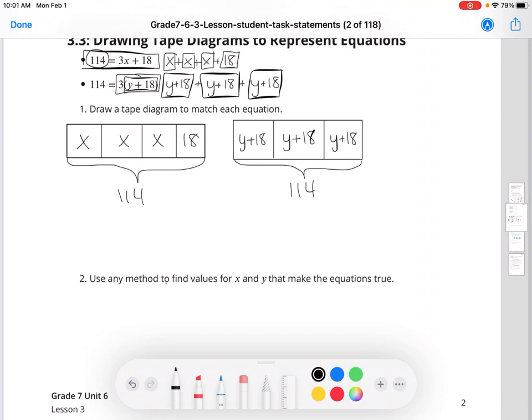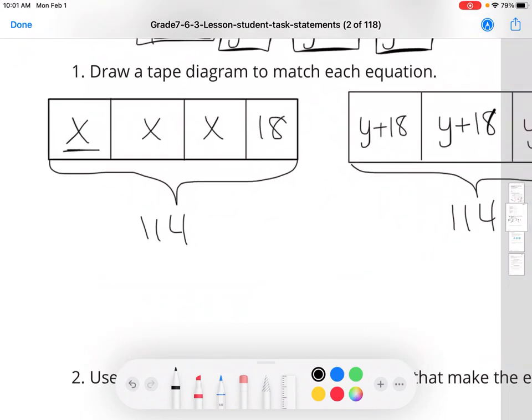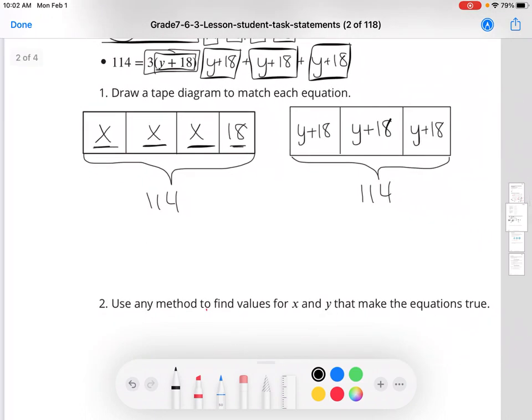We have 114 equals 3x plus 18. Well, if I look at my diagram, I know that these 3 are the same thing, and then I have 18. So to know what my 3 equal parts are, I need to figure out what the 3 equal parts have to equal. And my 3 equal parts plus 18 is 114.